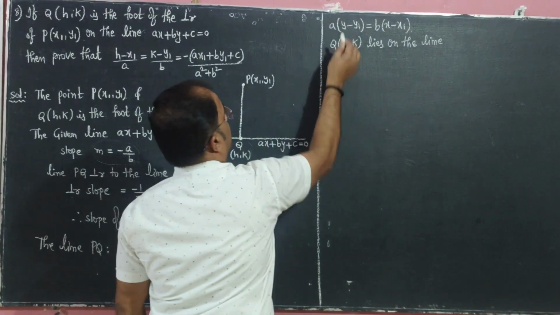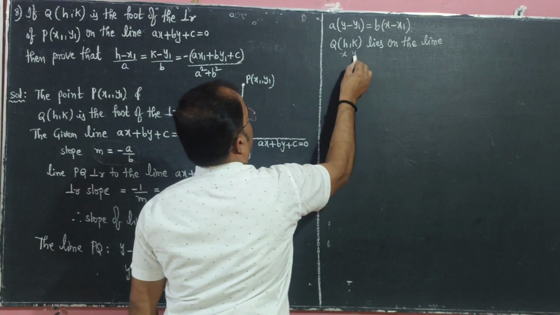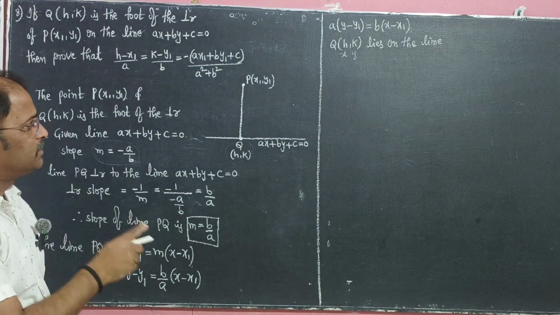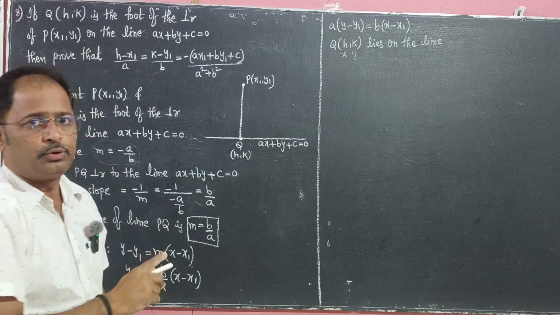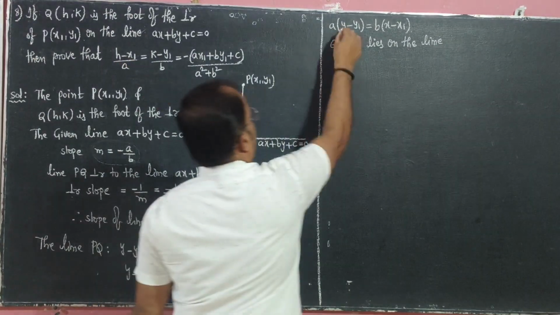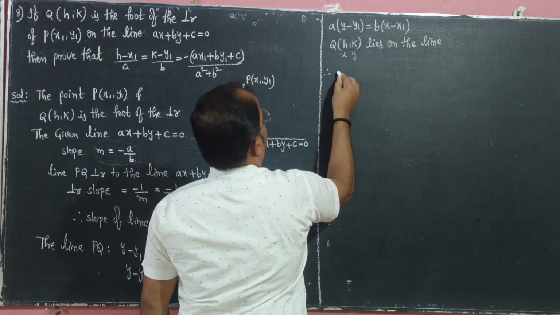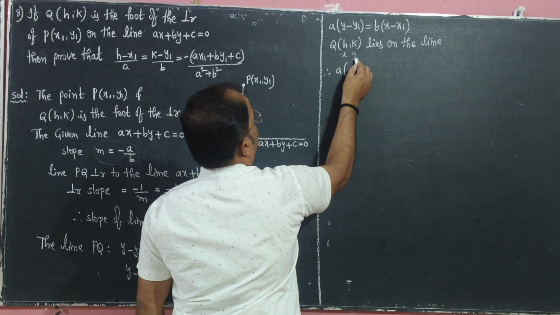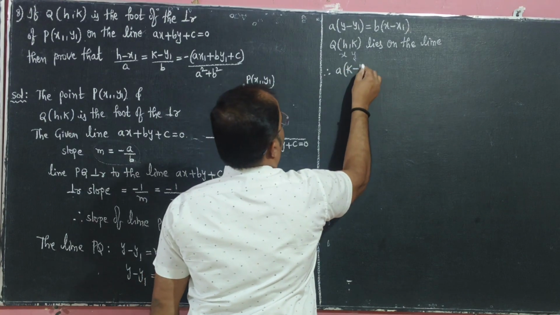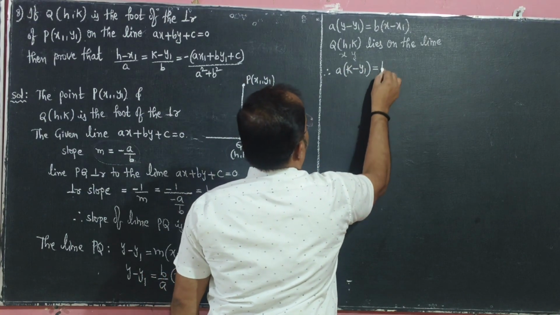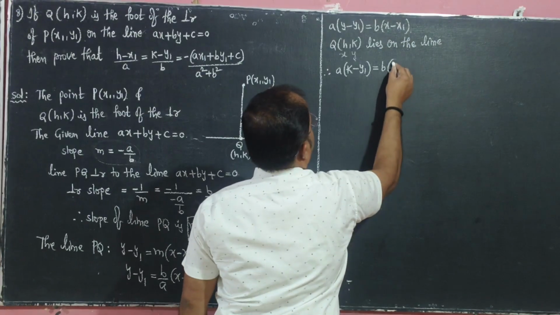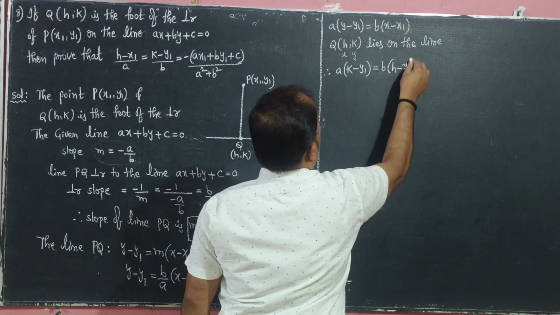Above line means in place of x we put h, in place of y we put k. Substitute x value as h and y value as k. Therefore a into y, what is the y value? k. So a into k minus y1 equals b into the x value, what is the x value? h minus x1.